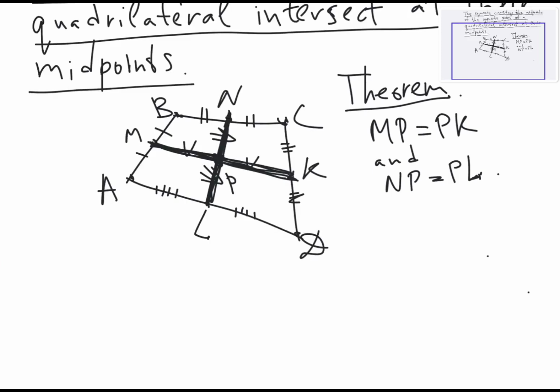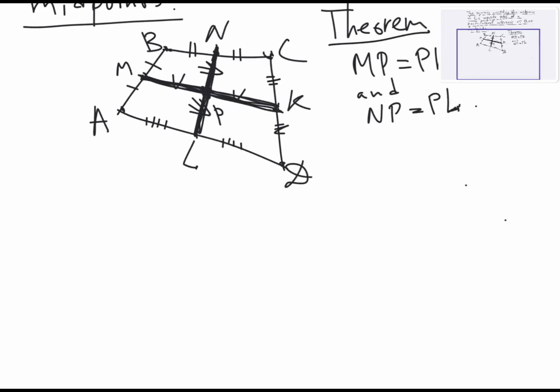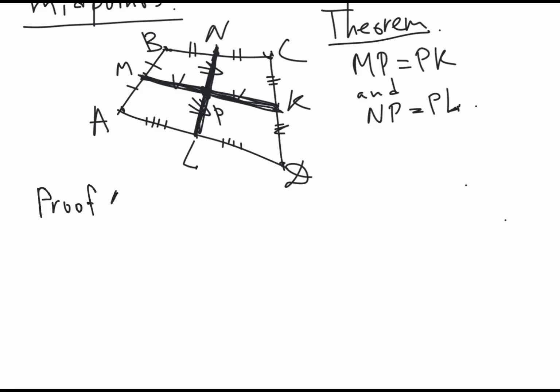Yeah, so basically I'm going to show two proofs. The first proof is just a simple corollary of the statement that I proved in the previous video. There I proved that the quadrilateral formed by these midpoints, MNKL, is a parallelogram.